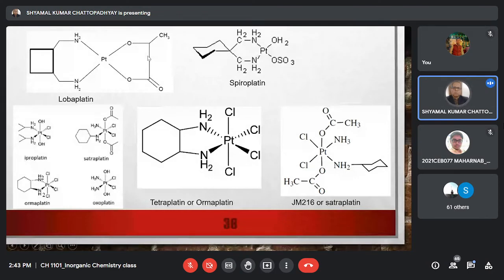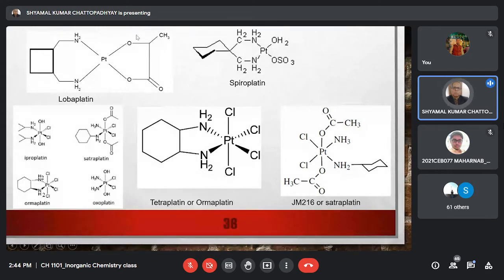And here we have cyclobutane 1,2-dimethylamine, where CH2NH2 is the methylamine. To the cyclobutane moiety in the 1 and 2 positions, the methylamine groups are attached. So this part is cyclobutane 1,2-dimethylamine, and we have this lactic acid moiety.